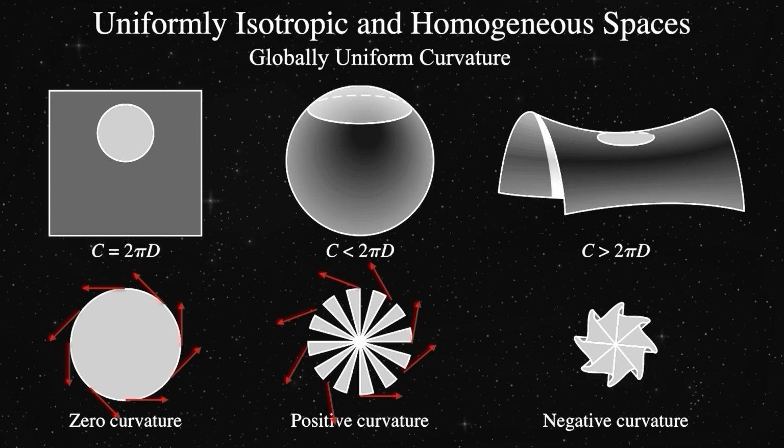From this diagram, it's like a chunk of the space is missing compared to flat space. If we follow the red arrow around the circle starting from the bottom, we see that it doesn't fully rotate compared to the flat space circle. However, it still did execute a circular path in the two-dimensional positively curved space. The area of such a circle is larger than a flat space circle, but its circumference is smaller.